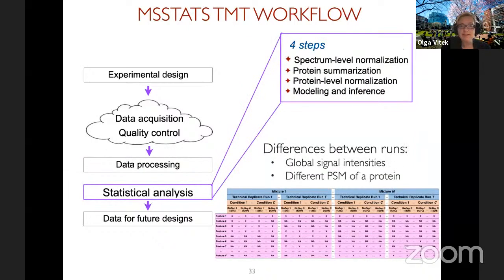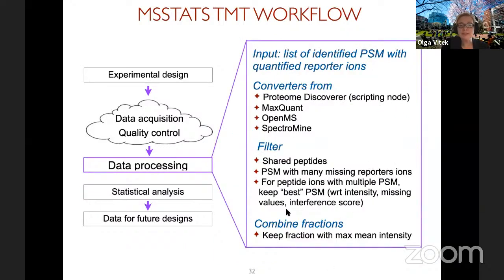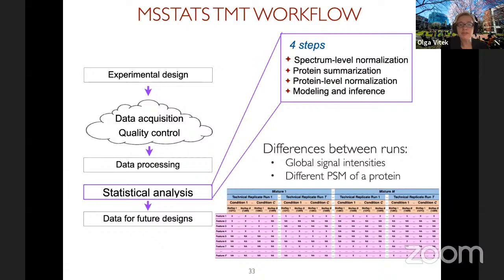After that, it is time for statistical analysis, and this is really where the core of MSstatsTMT happens. By the way, in terms of this processing, if you are not happy with some of the steps, you can very well implement your own processing steps, or you can write your own scripts so that you can jump straight into the analysis steps as opposed to using the MSstats converters.